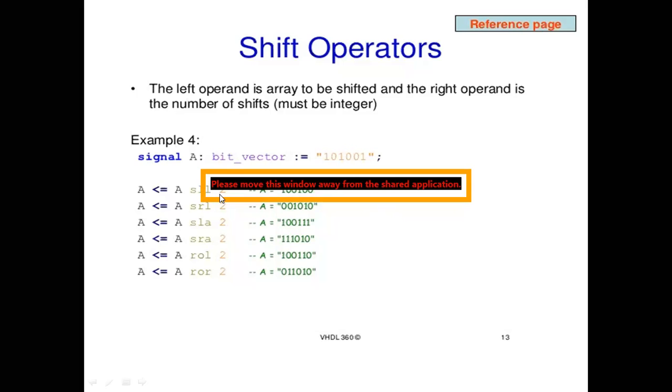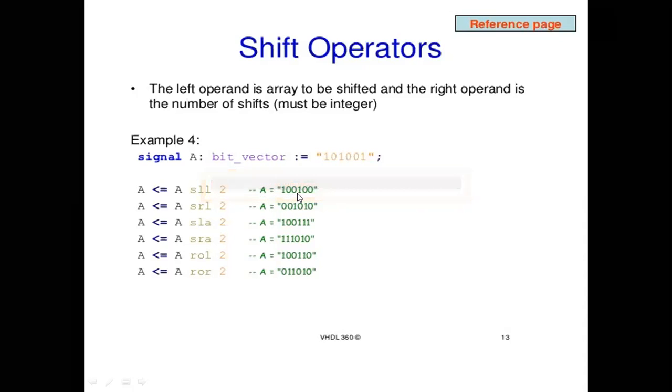Left means this side, the left side. So the first 2 MSB digits are replaced with 1001, and the last 2 LSB bits are replaced with zeros.